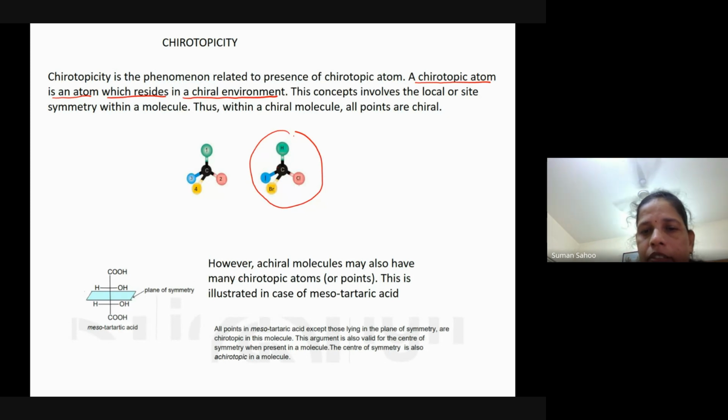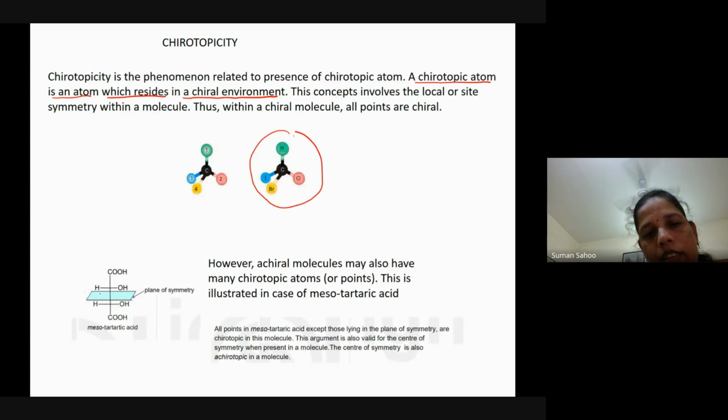However, achiral molecules may also have many chirotopic atoms or points. Let me illustrate in the case of your mesotartaric acid. We know that this mesotartaric acid has a plane of symmetry. That is why it is known as mesotartaric acid. The upper half is exactly the mirror image of your lower half.